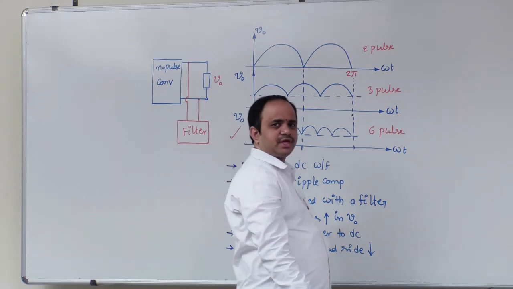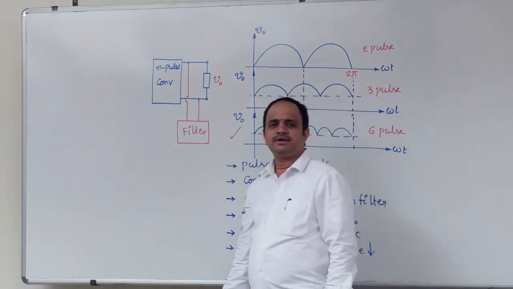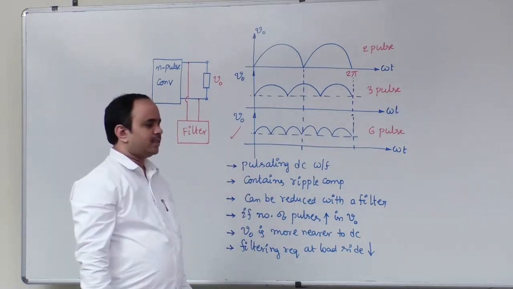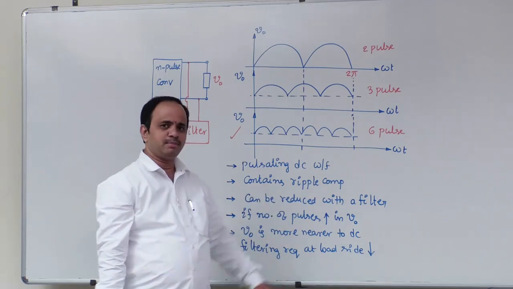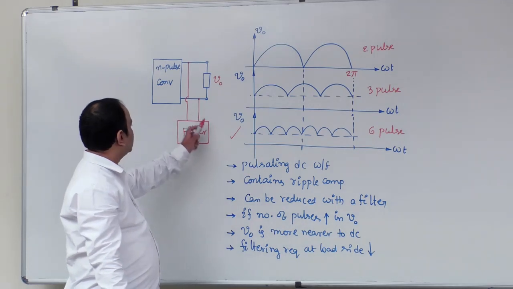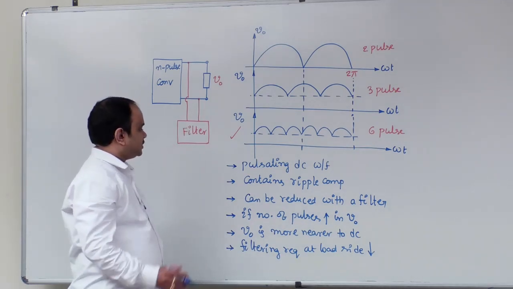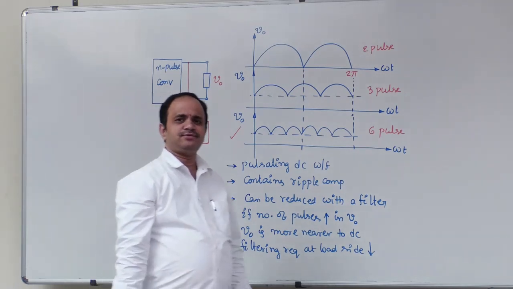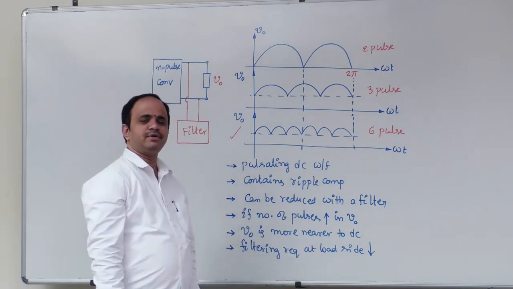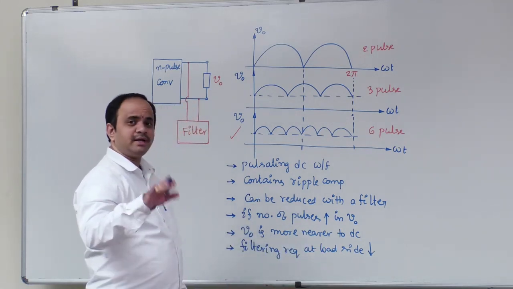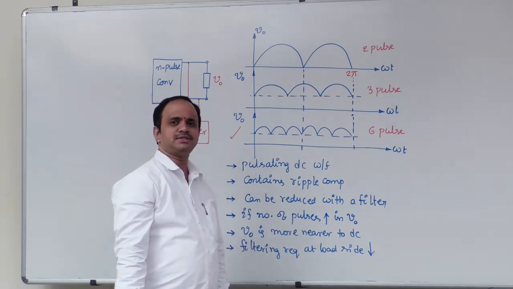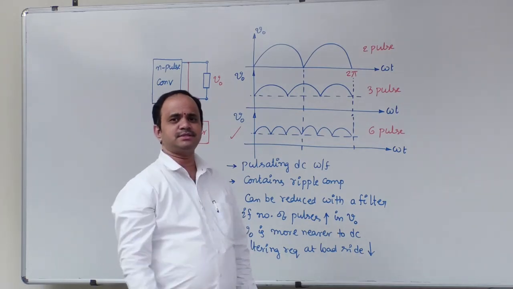First stage of rectification, output voltage of any rectifier circuit contains pulsating DC. Pulsating DC will have a ripple component. That ripple component can be reduced by placing a filter at the load side. Suppose the output voltage by its nature is more nearer to DC, then filtering requirement at load side will reduce. How is that possible? By increasing the number of pulses in V0 waveform.